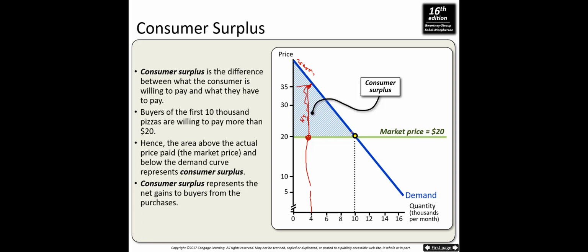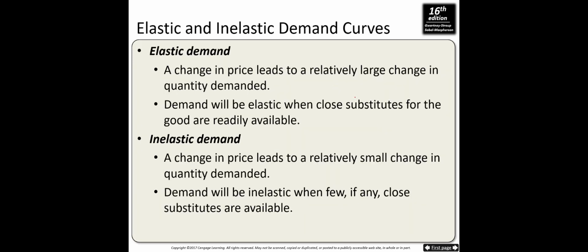But anybody before that has a surplus, and their consumer surplus is these lines. When you think about this whole area, the triangle below the demand curve and above the market price, it represents the total consumer surplus of all buyers in this market. So consumer surplus represents the net gains to buyers from the purchase.